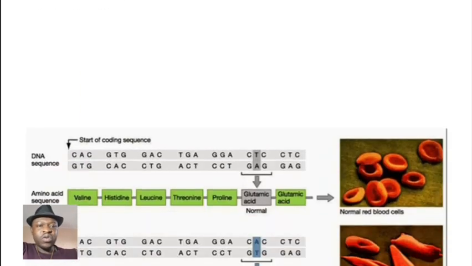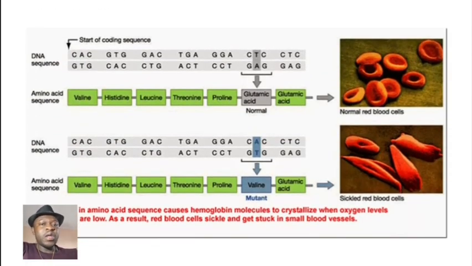Let me show you. Here you can see the amino acid sequence. This one is the normal chain with glutamic acid, so you can see the shape of the erythrocyte is normal. This one is the mutated one.